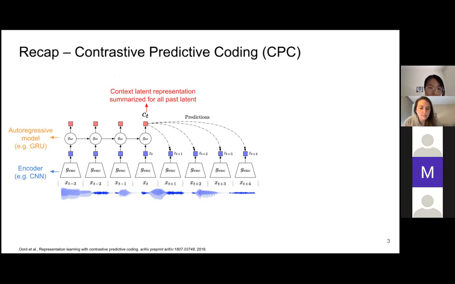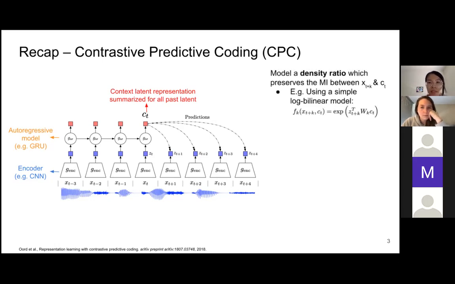So let's say we have a sequence of inputs, and the encoder is responsible for encoding it into the latent space Z. And then the autoregressive model will be responsible for reconstructing the context latent representations. This C_t here comes from the autoregressive model, which summarizes the past latent representations.